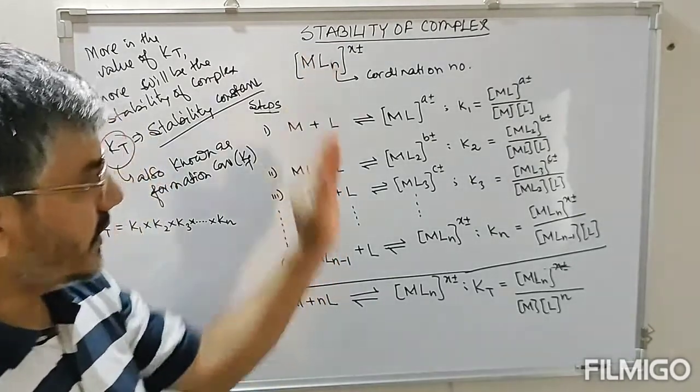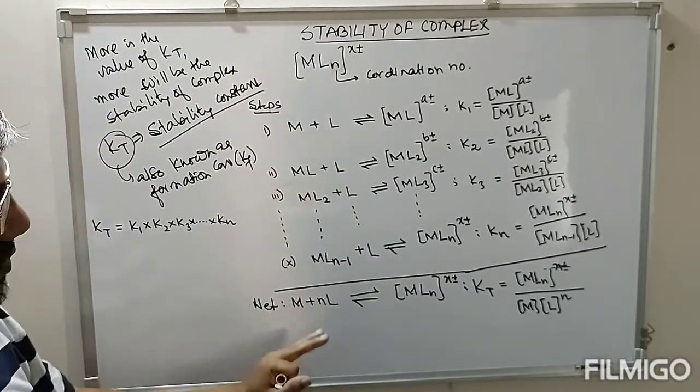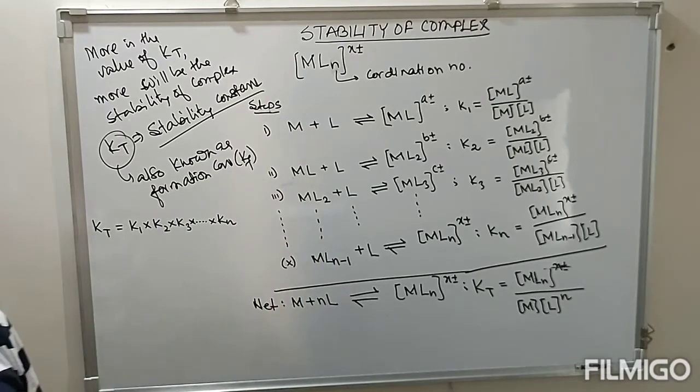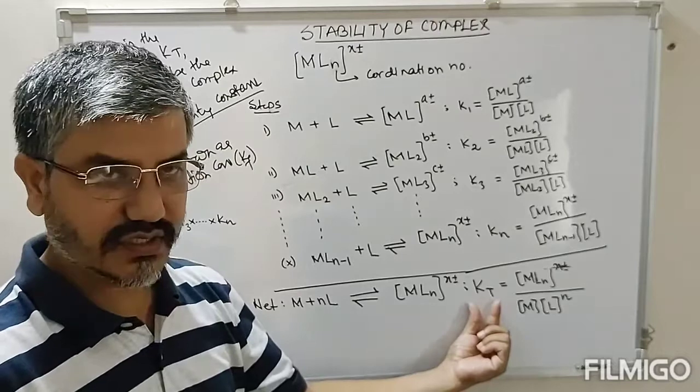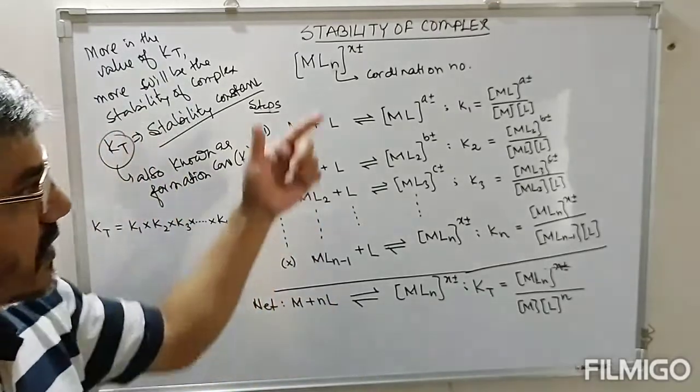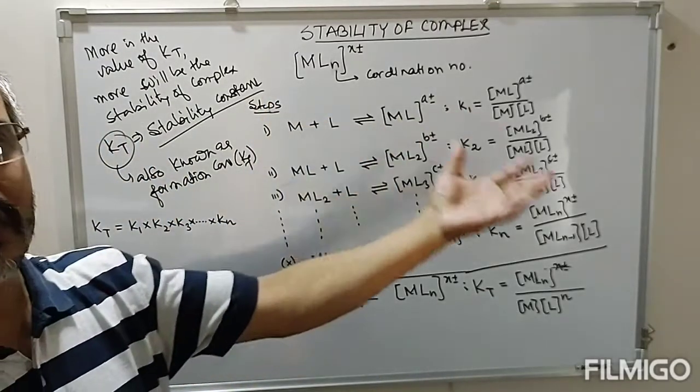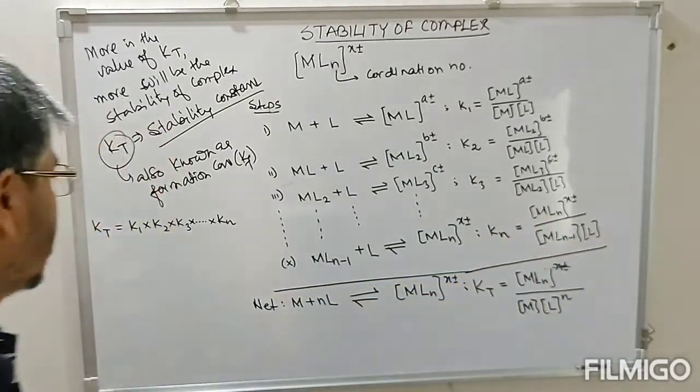So in a complex formation involving a number of individual equilibrium steps, the total or overall equilibrium constant is equal to the product of the individual step equilibrium constants.